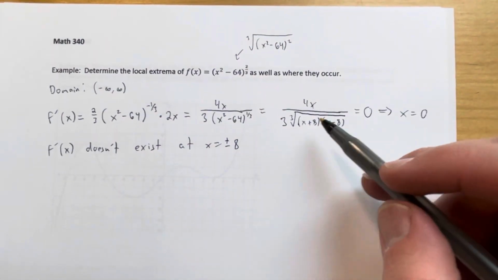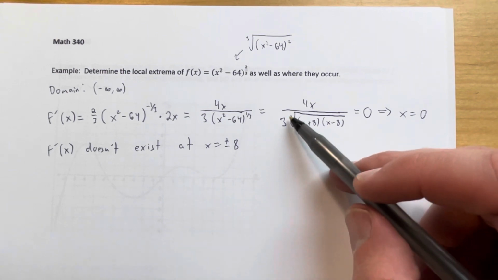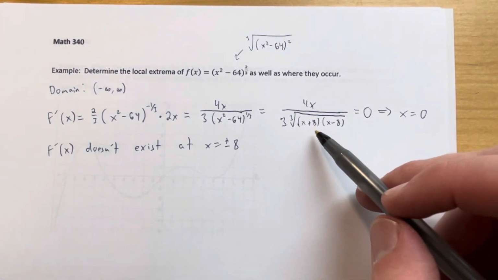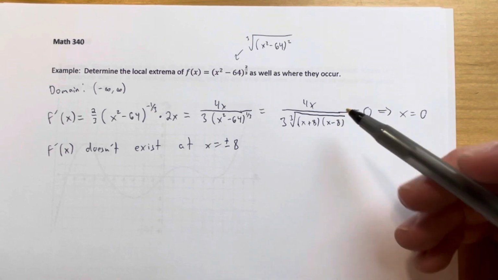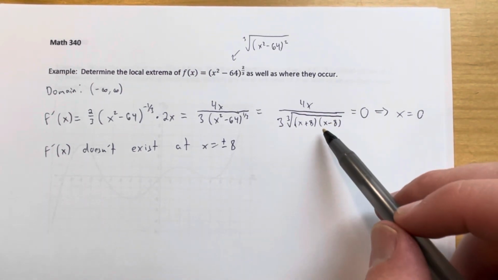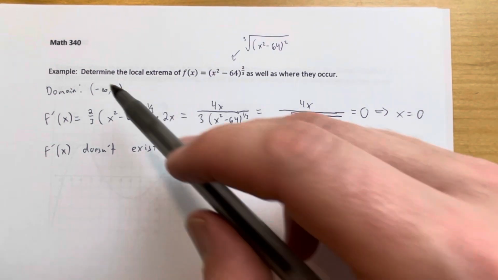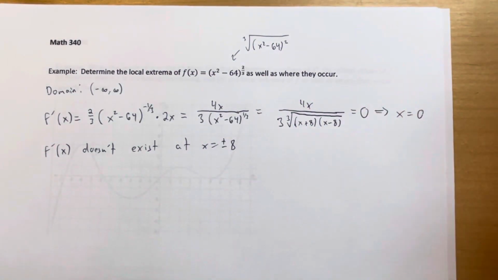Because whether I have a positive 8 or a negative 8, if I put that into this expression here, I have the cube root of 0, which is 0, and now I am dividing by 0. So if x is equal to plus or minus 8, the derivative is not defined. However, both plus and minus 8 are in the domain of the original function. It's only the derivative where that's a problem.